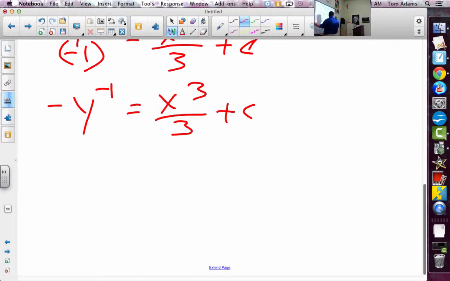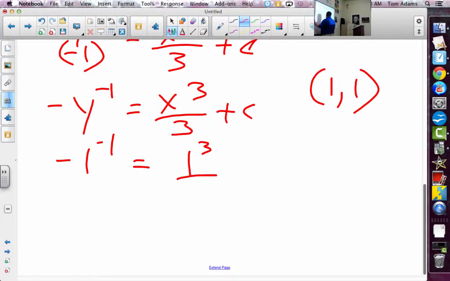Now remember, we said that x equals 1, y equals 1. So if I plug in negative 1 raised to the negative 1, that should be equal to 1 cubed over 3 plus c.